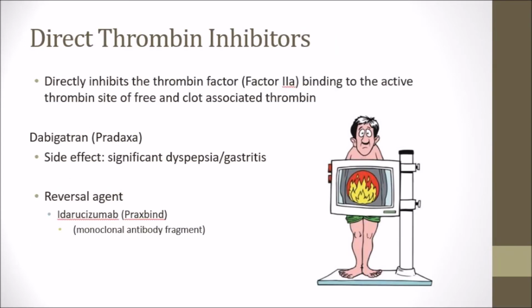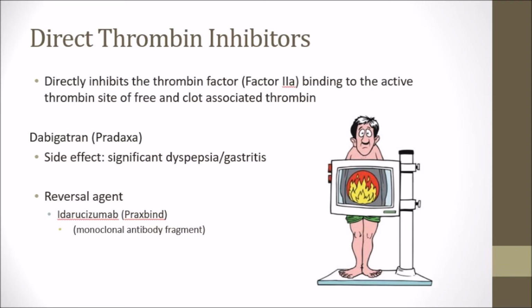There is only one direct thrombin inhibitor that is available orally, and that's dabigatran or Pradaxa, and it directly inhibits factor 2A by binding to the active site of free and clot-associated thrombin. One of the major side effects with Pradaxa is significant heartburn or dyspepsia/gastritis.